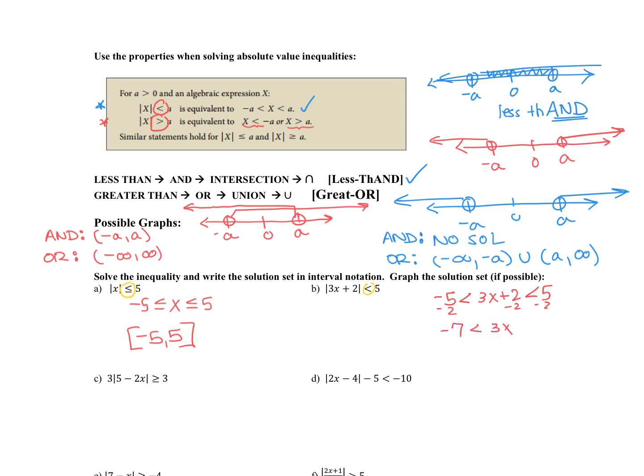Anytime you subtract, you have to subtract from all three pieces. 5 minus 2 is 3. Then we'll divide everything by 3. Negative 7/3 less than x, less than 1. Notice it's less than, so it's parentheses. Negative 7/3 to 1.